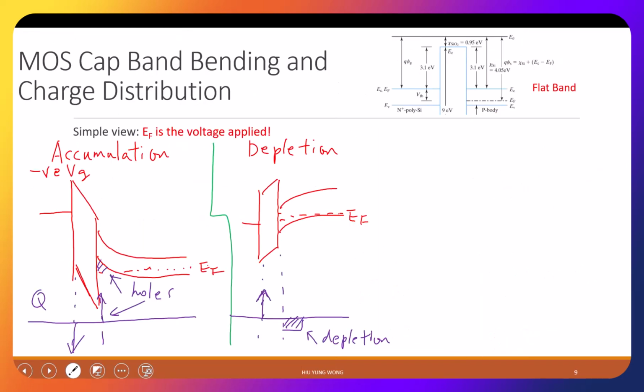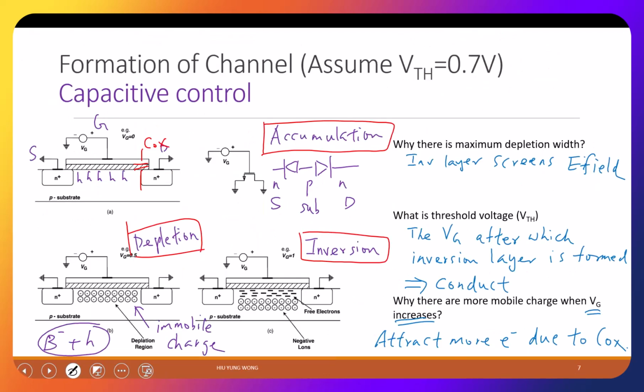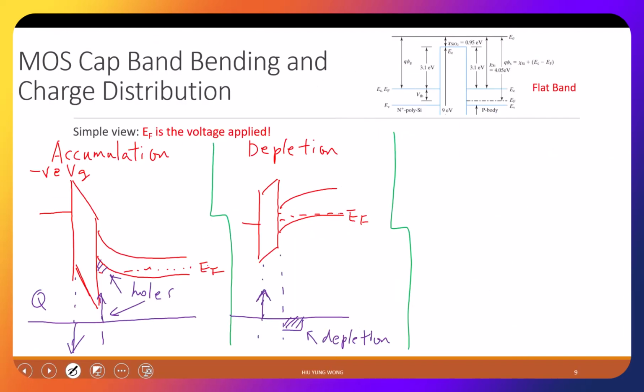This is the depletion charge. Okay, and again, the depletion charge is fixed. You cannot move them. So as a result, it is still not conductive, right? Until finally we go to the what mode? Accumulation, depletion, and then what? Inversion. Yeah, inversion.